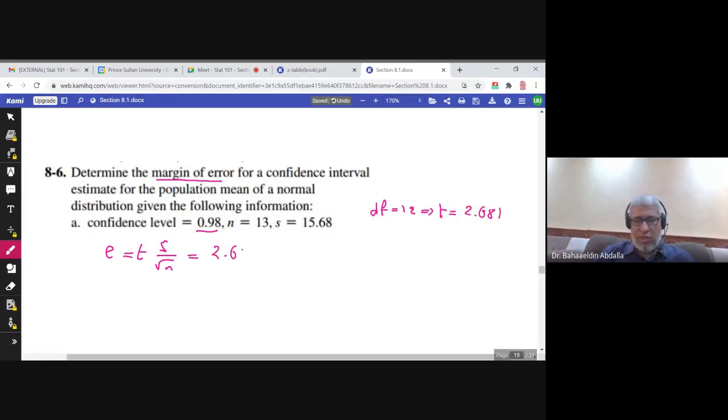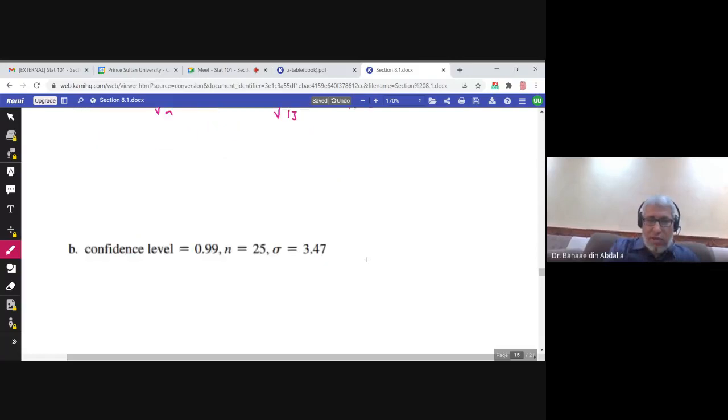So 2.681 times 15.68 over square root of 13. This will give you the margin of error. Here he is asking about the margin of error only. We don't have x bar. 11.66. This is the margin of error.